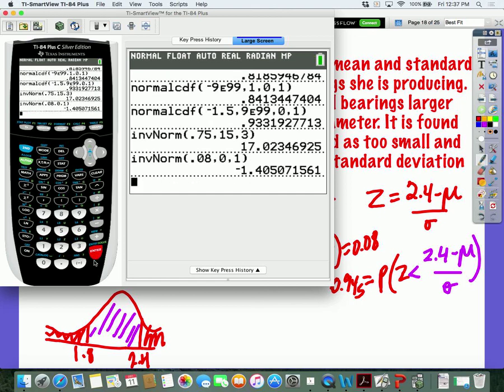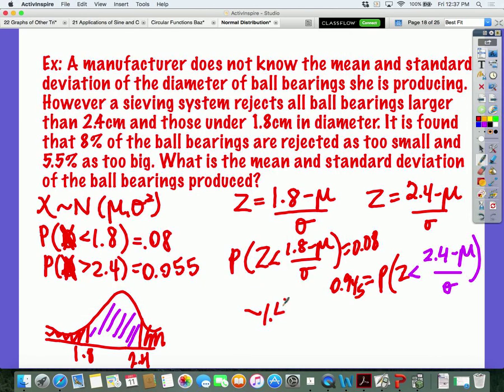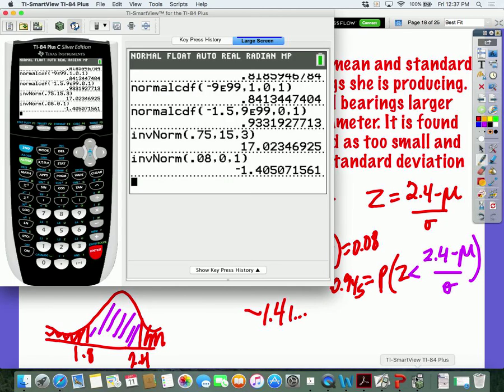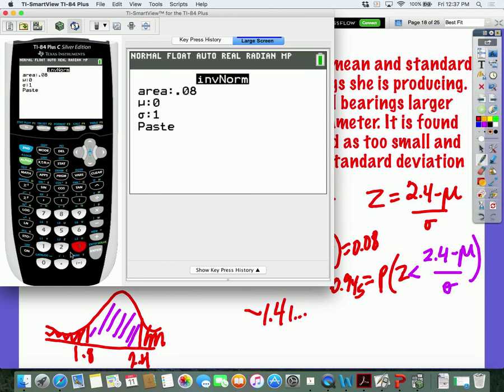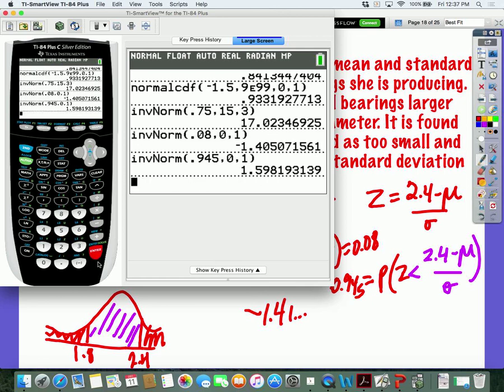We get a negative 1.41, or negative 1.405 and some change. We're going to do the same thing with the other, but remember we're using the probability that's to the left, which is 1.598 and some change.